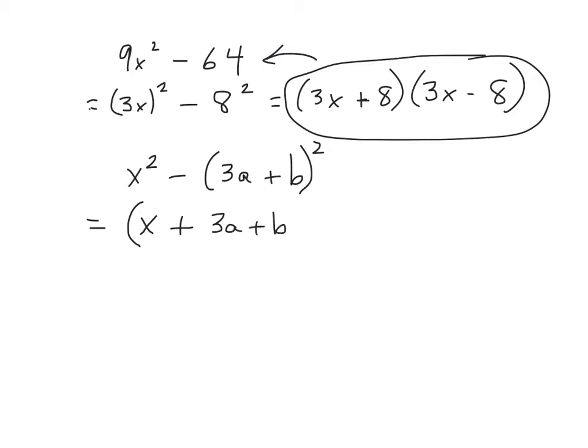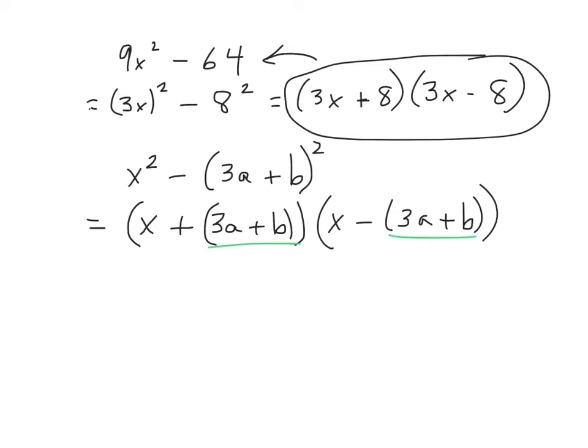Now I'm going to keep the parentheses around that just for emphasis. And then our second set of parentheses, the terms, the x and the 3a plus b, will be the same, but it will be subtraction. And again, keeping the parentheses around that is a good idea, because now I can simplify by removing these parentheses and these parentheses.